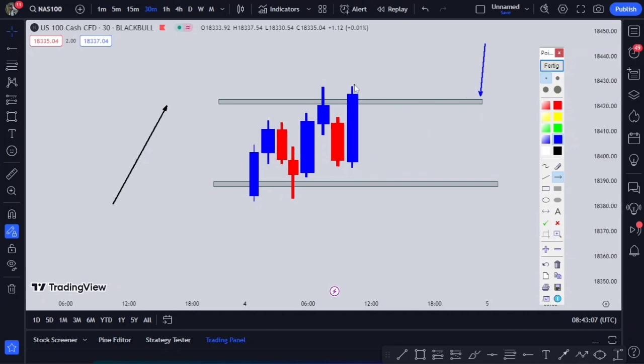Okay, the second entry on the same setup is when I see the candle close above the resistance level but with a small wick. We have a wick but it is small, so in this condition I have to wait for the new candle to open right here, make a bottom wick, and then not take a trade on the flip but take a trade when we break the previous candle's wick in order to continue up.